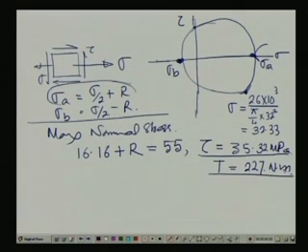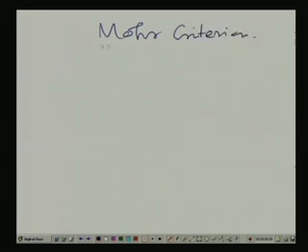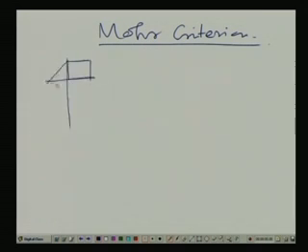Fine. Now, in the same way, if we consider the Mohr criterion, just to have a very quick look, this is the situation. It comes out to be something like this.